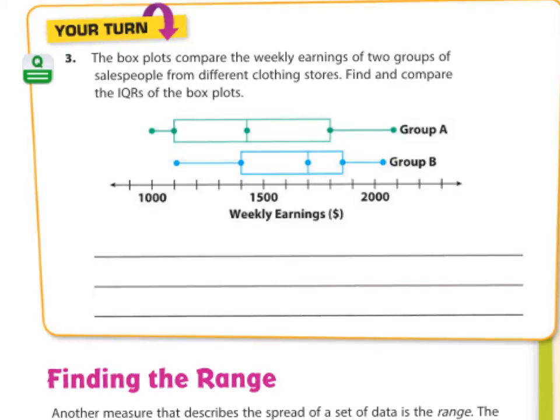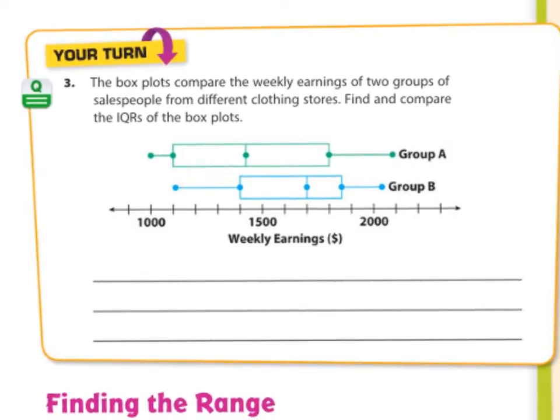So let's try it out on this one. On your notes, let's do Group A. I'm going to write it in green since it's green. What are we counting by? That's 1,000, that's 1,500.